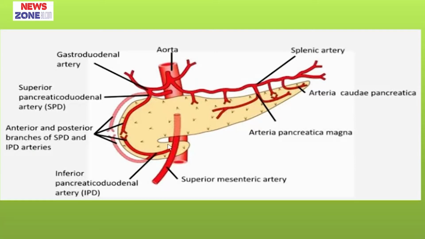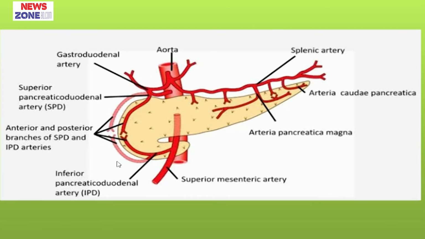In this figure, we can see these are anterior and posterior branches of the superior pancreaticoduodenal artery, which is a branch of gastroduodenal artery, which is a branch of celiac trunk, and which is a ventral branch of the abdominal aorta.